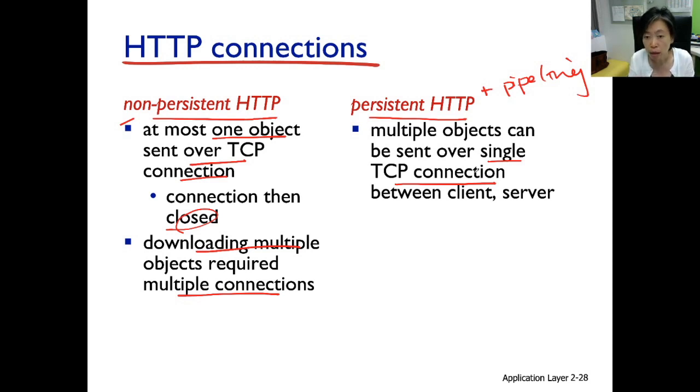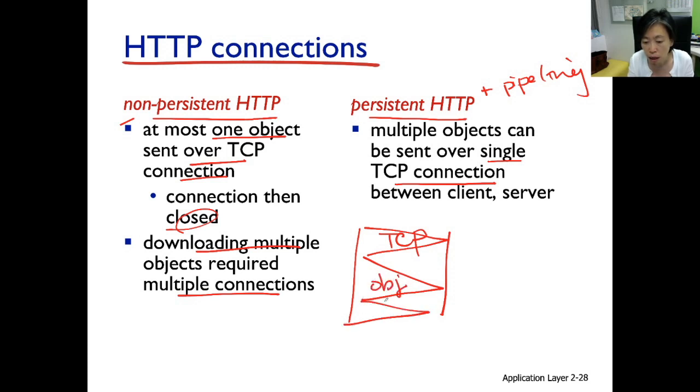All right. Now, the basic persistent HTTP mode works more like that. So you have one exchange to establish the TCP connection, and then it's just object 1 and object 2 and then object 3.